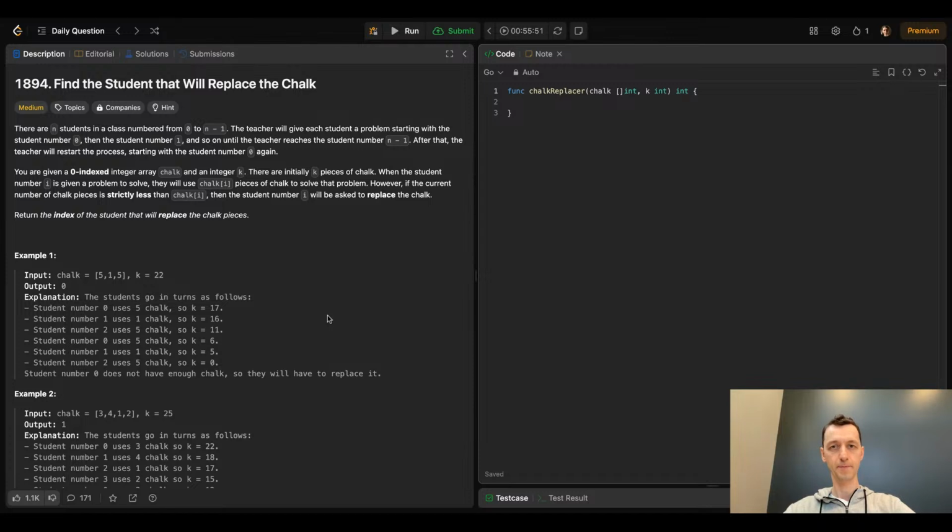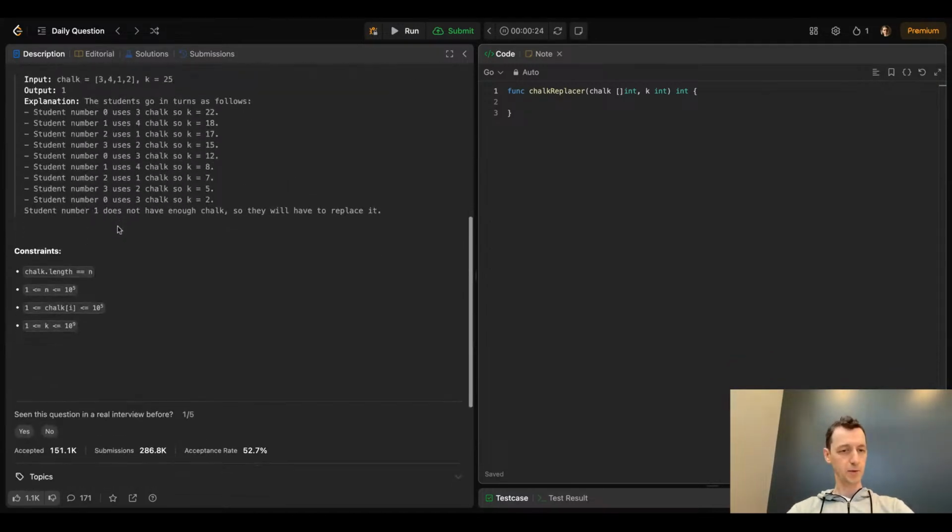We are restarting the clock for this medium level problem. And medium level problems can be different. Some of them feel like medium level, some of them feel more like easy level, and some of them feel harder than medium level.